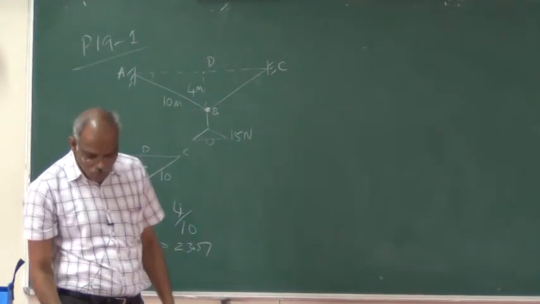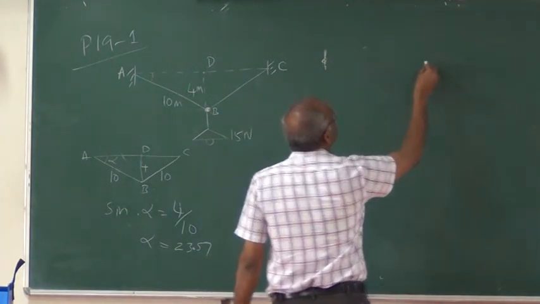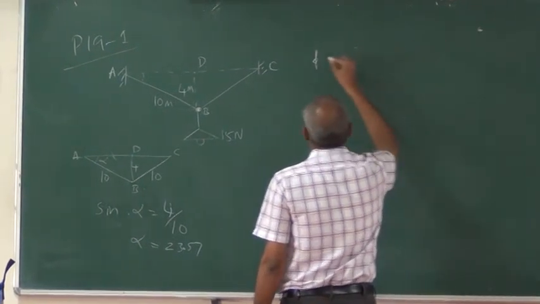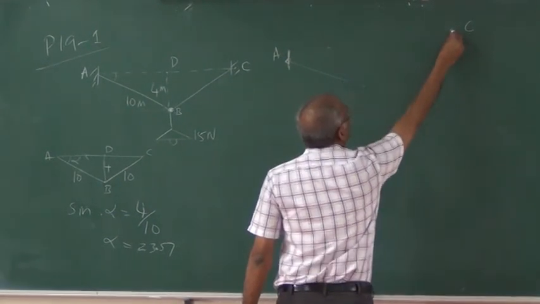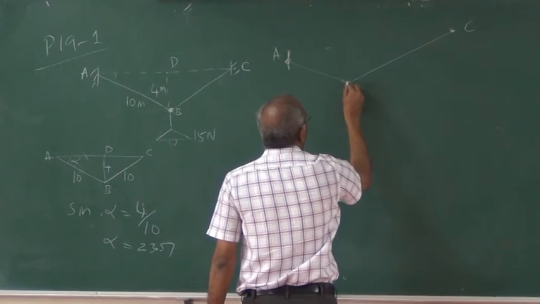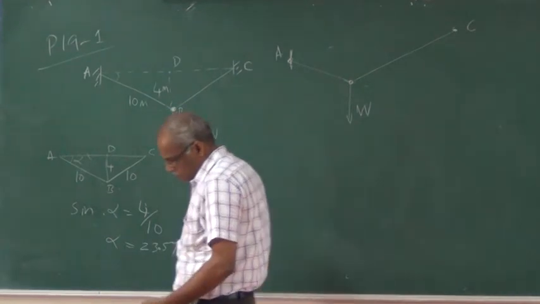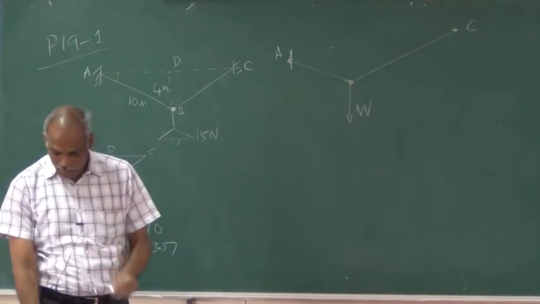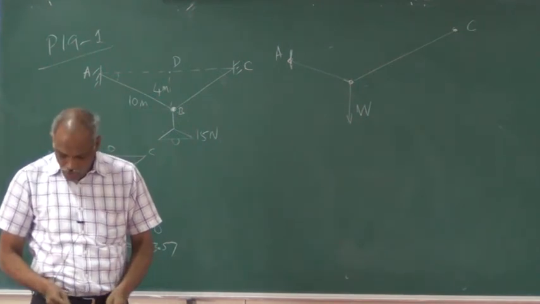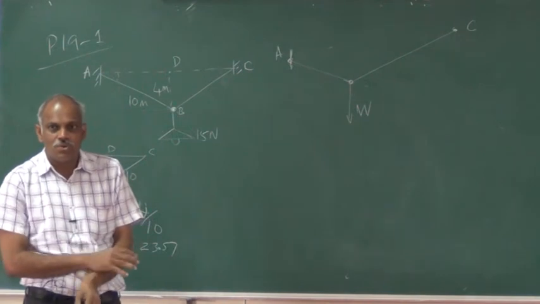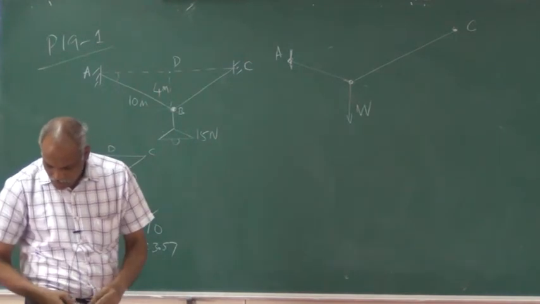If I keep them at two different levels, A is here, C is somewhere else, then if I try to hang this weight, the equilibrium point will not be at the middle. It will be somewhere else. So how to go about it? How to solve this? That is the next problem given.